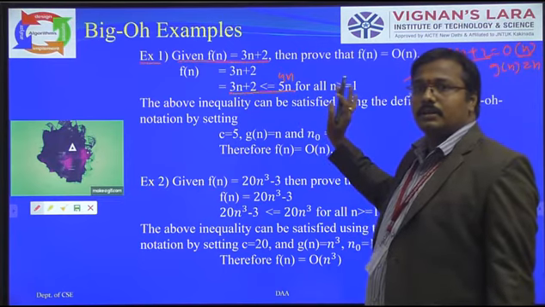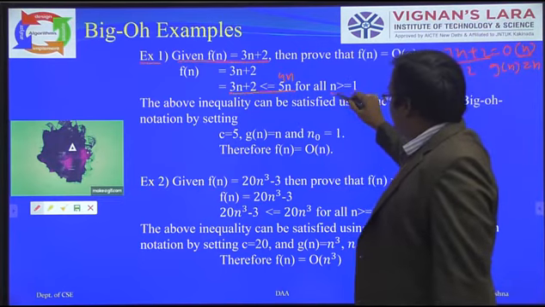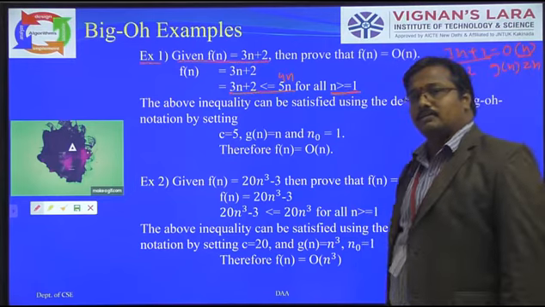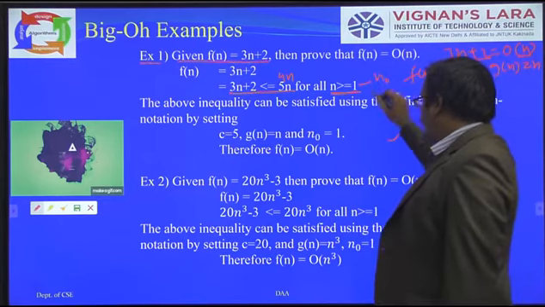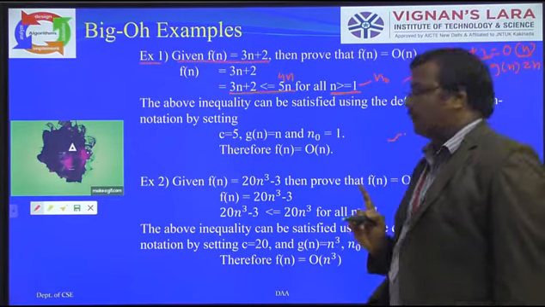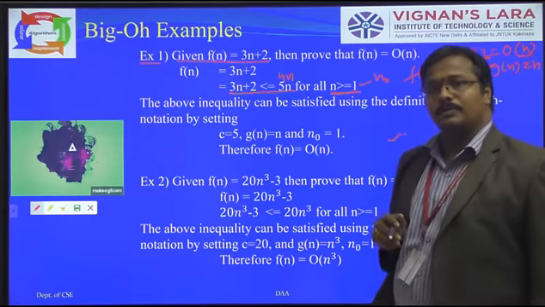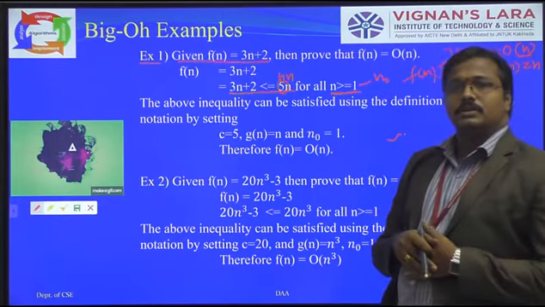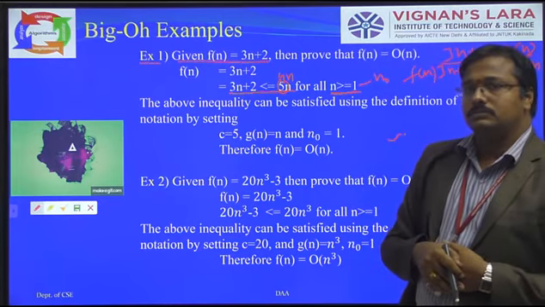The condition is satisfied. So the condition is satisfied for n greater than or equal to 1. So at this time the n naught value is 1, and the c value is 5.